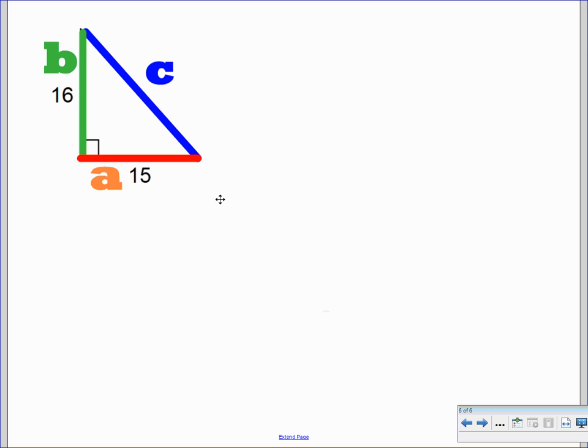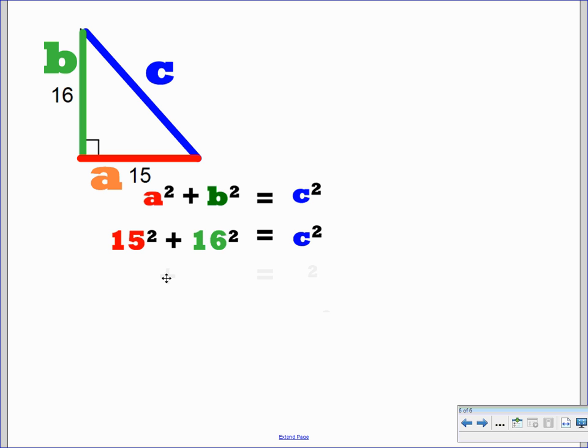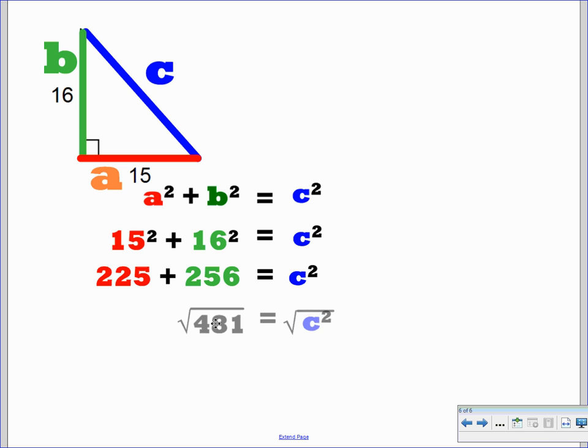Our second step, write the Pythagorean theorem, substitute the values, do the math, add them together, and then take the square root. Round it to the nearest tenth when you do it on the calculator, and you'll now have the measurement of the missing hypotenuse.